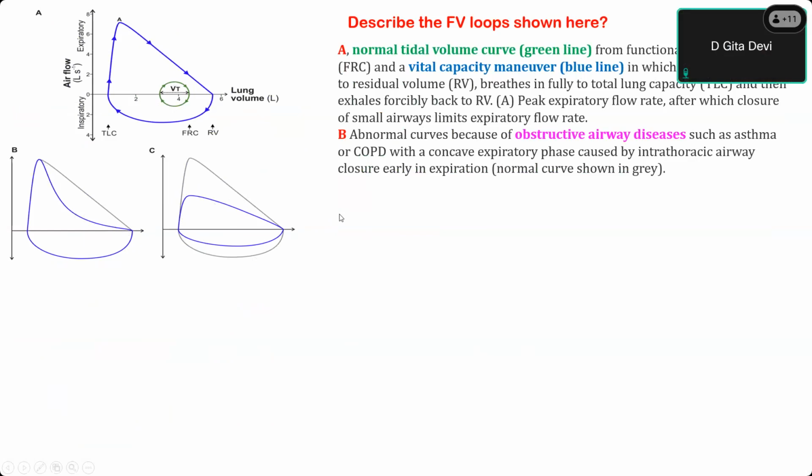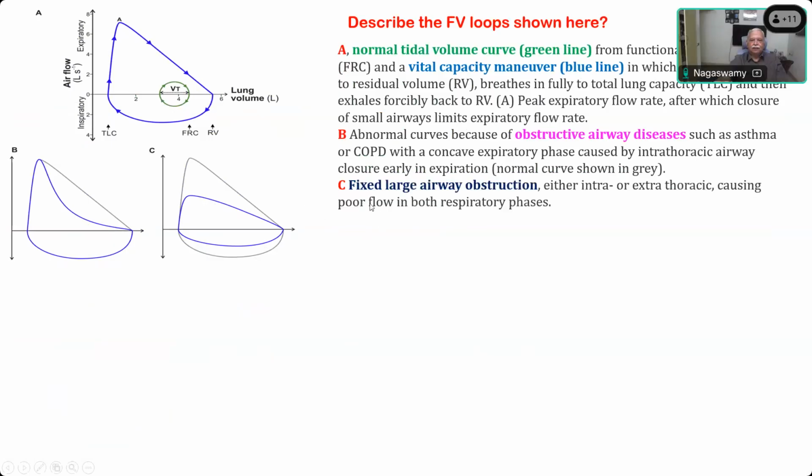Restrictive should be a miniature version of this normal, supposing this is only half the size. Upper airway obstruction, sir. This is a fixed large airway obstruction, either intra or extrathoracic, causing poor flow both during expiration and inspiration.